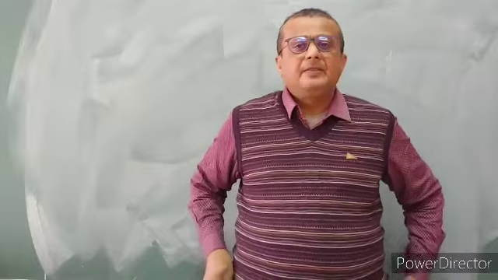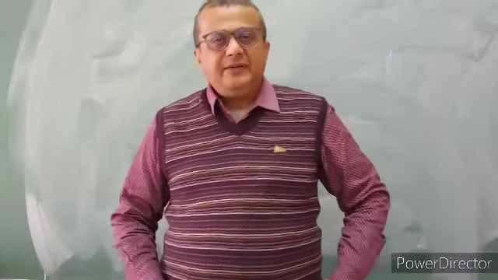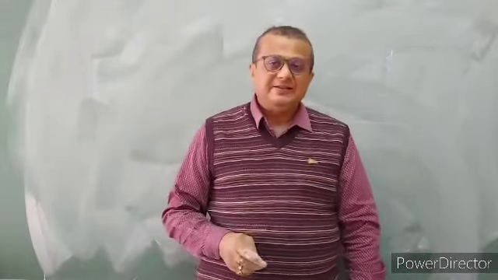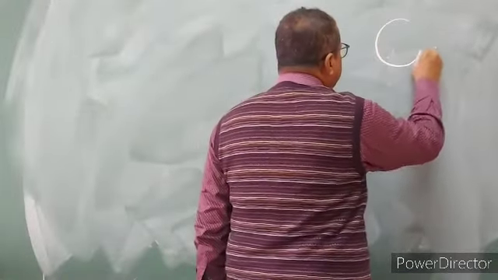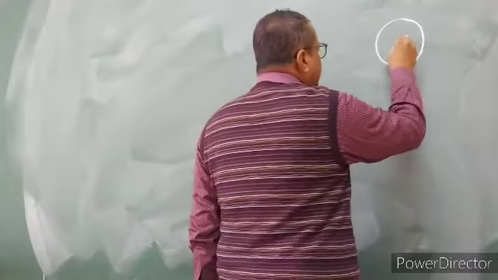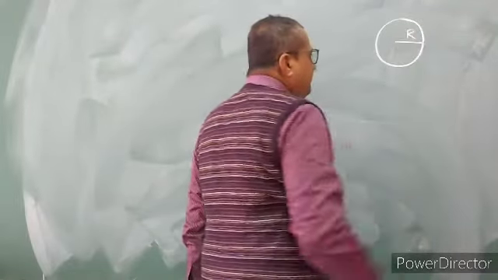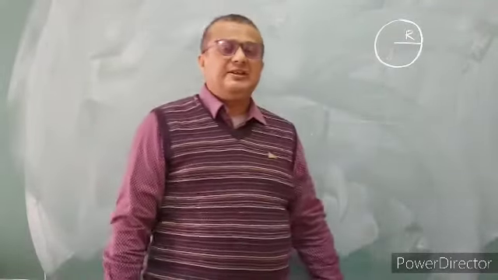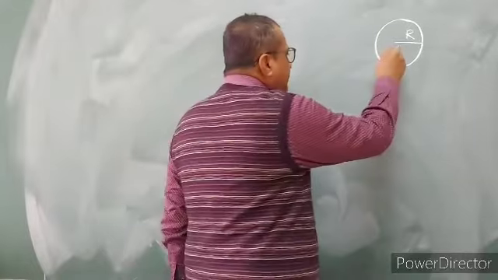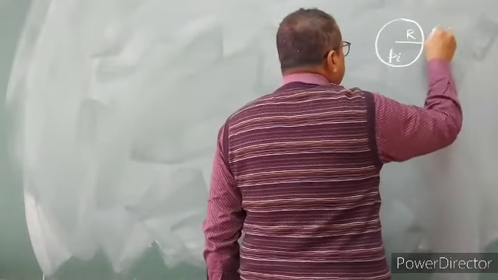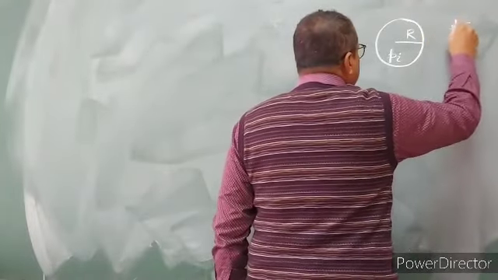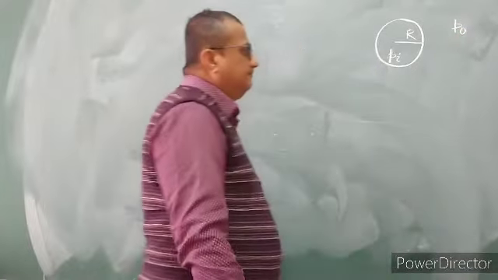If any liquid drop exists in nature, its radius is r. Inside there is a pressure, that is Pi, and from outside there is also pressure, that is PO.